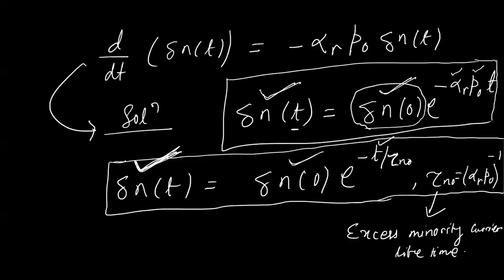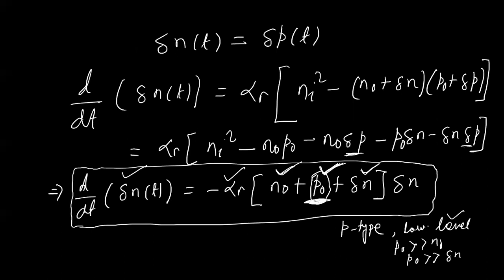Just revisit the equation where we considered n0 and delta n to be very much less than p0. We got minus alpha r p0 delta n. Now I put one more minus sign, saying that recombination is the decay of electrons and holes, so the decay of electrons over here.